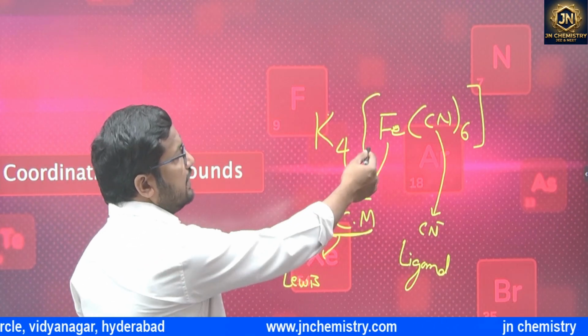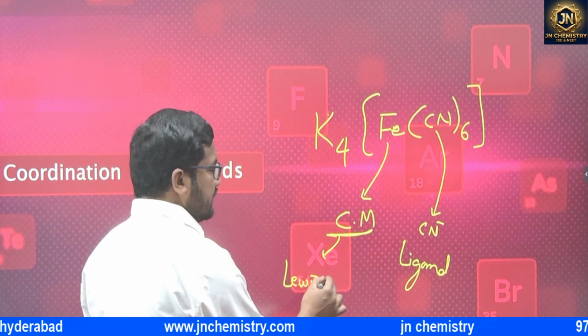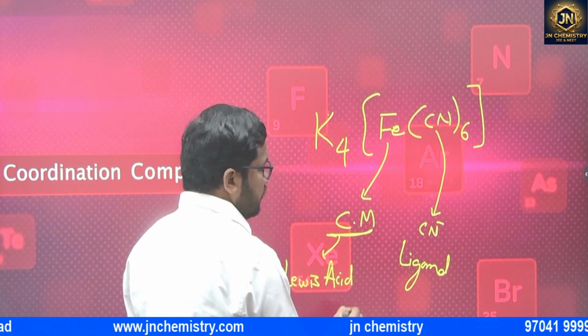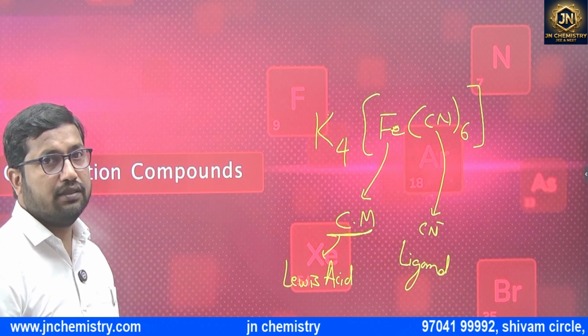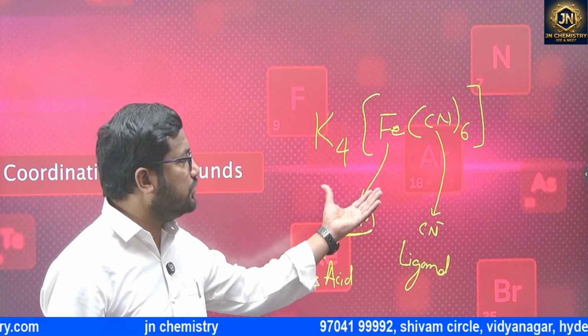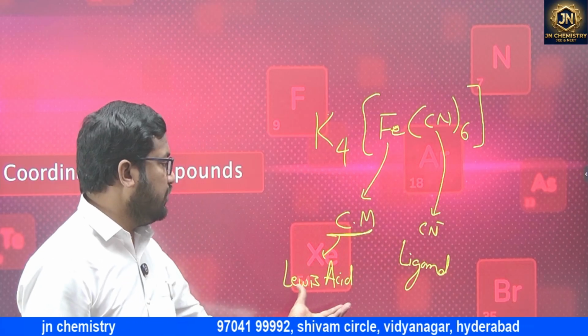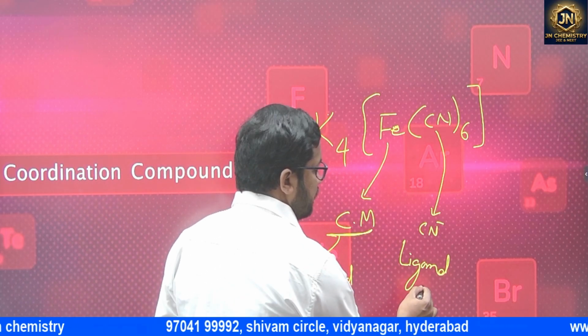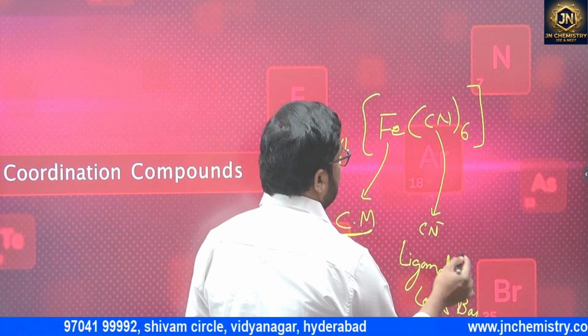There is vacancy in the d orbitals, so it accepts electrons. It is a Lewis acid. Why is it a Lewis acid? Because of the vacancy in the d orbitals. The most important thing for complex compounds is the vacancy in the d orbitals. So the central metal is a Lewis acid, and the ligand is a Lewis base.